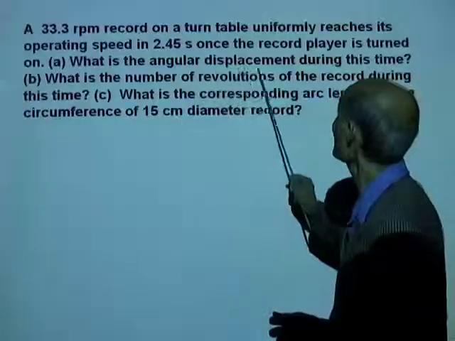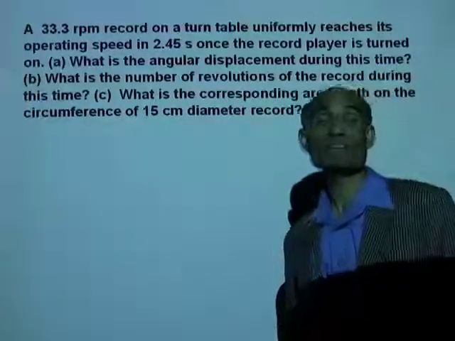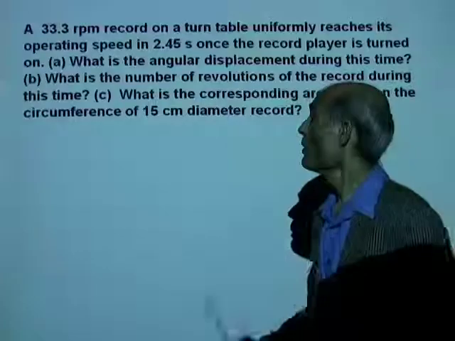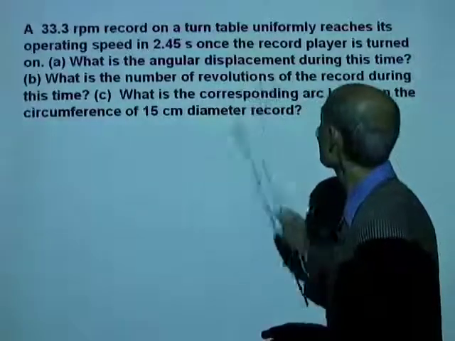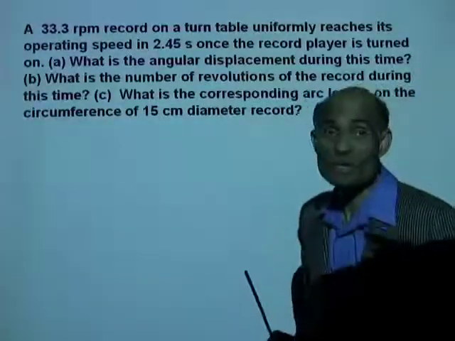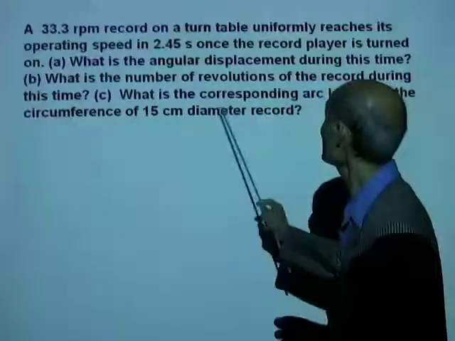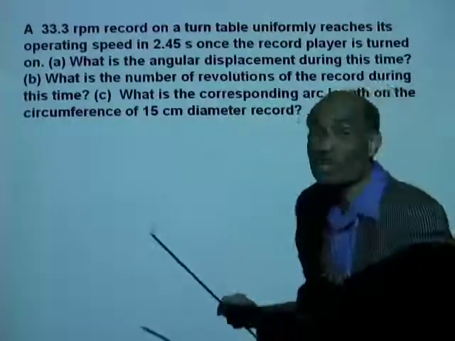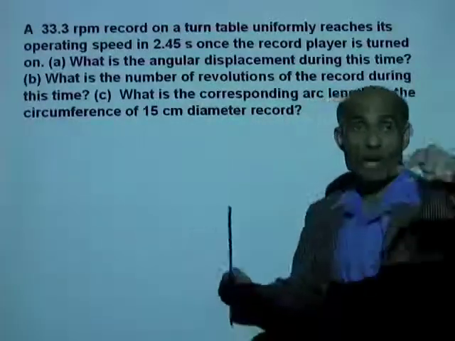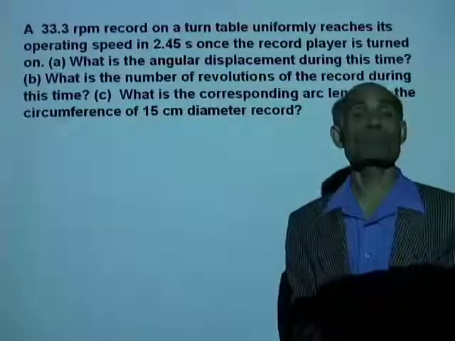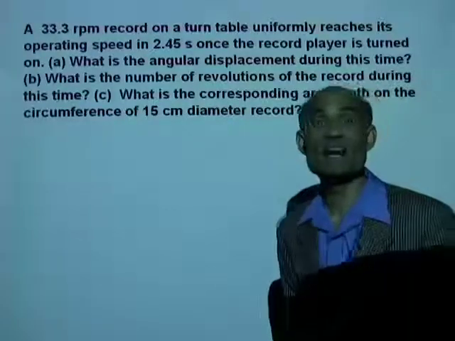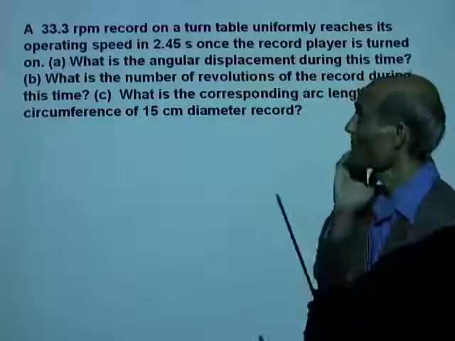What is the angular displacement during this time? What is the number of revolutions of the disc during this time? What is the corresponding arc length on the circumference of the 15 centimeter diameter record?